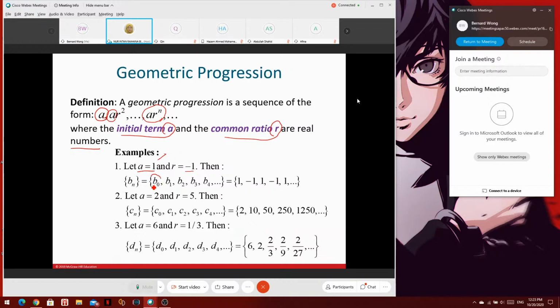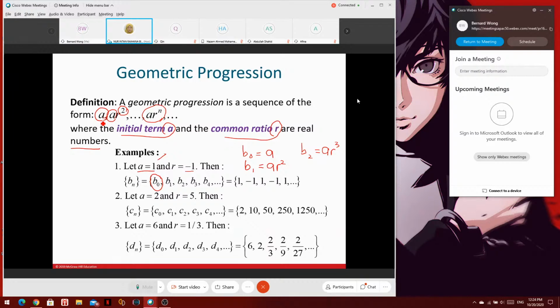Remember that when you have b_0, it is equal to a, b_1 will equal ar, and so on, because the power depends on the n value.